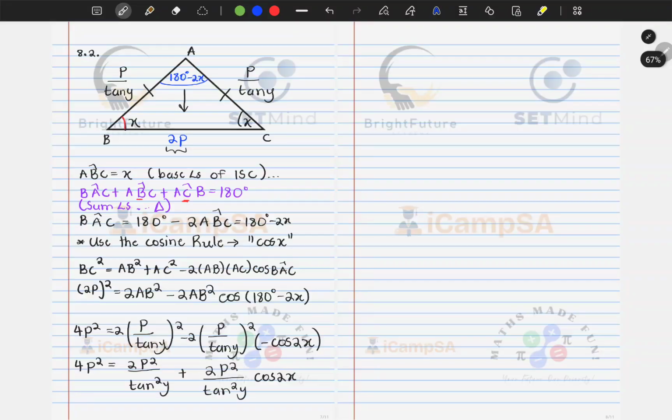Okay, now if you observe carefully, we can obviously factor out what is common here instead of dividing. So we have 4p squared, and we have 2p squared that is common. So I'm going to multiply it by also what is common, which is our tan squared y, okay, which is dividing there.